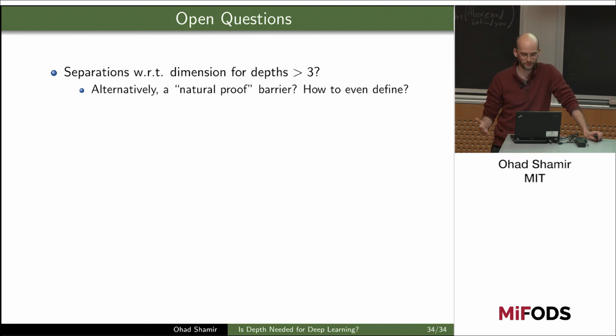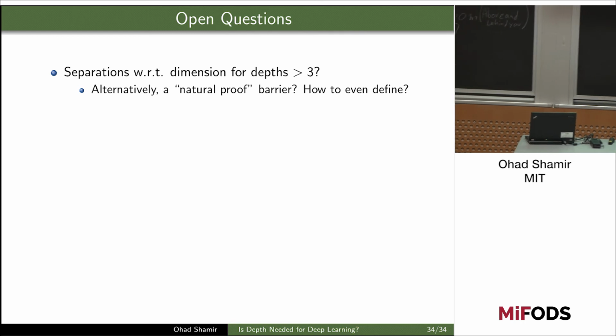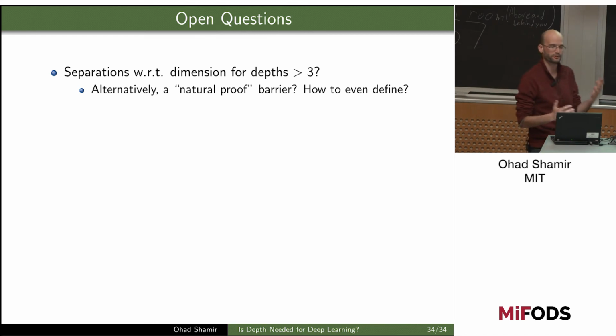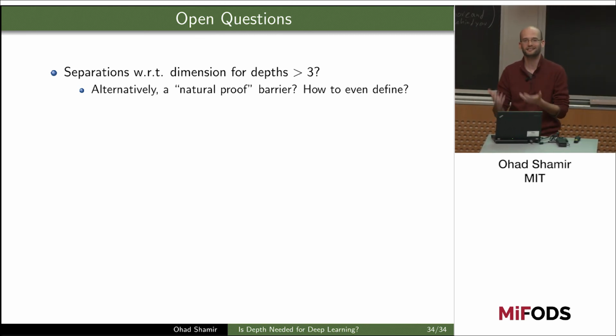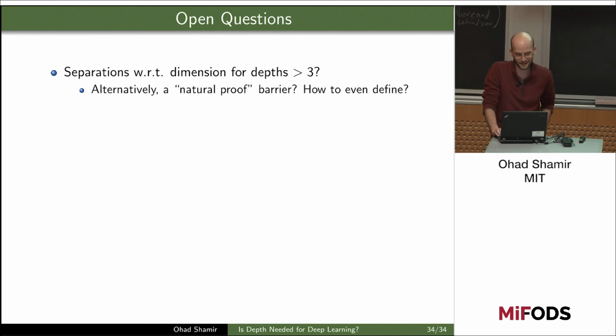In the Boolean world, we have, for instance, this natural proof barrier that tells us that if we try to separate networks using any kind of property that, roughly speaking, separates not just a network from deeper networks, but a network from random functions, and it's some property that you can evaluate given the truth table of your Boolean function, then no proof along these lines would work.